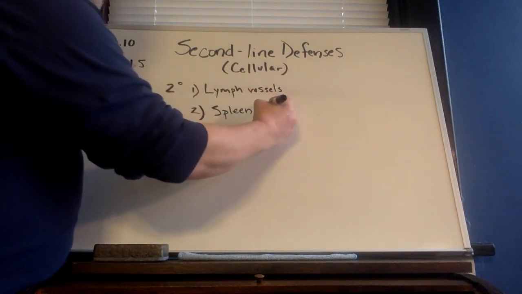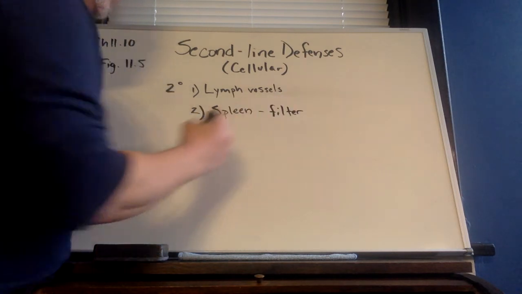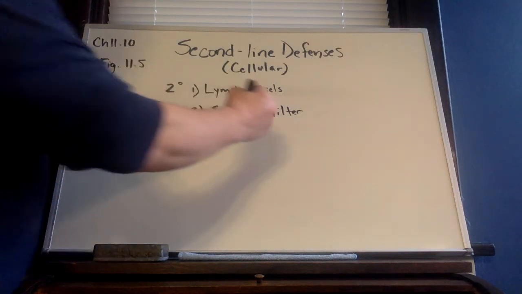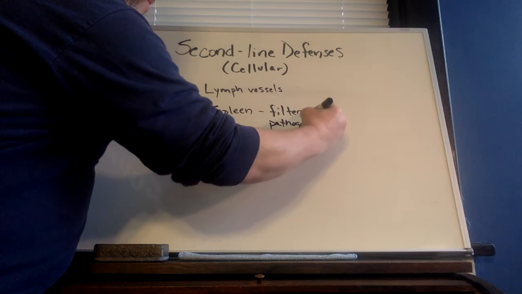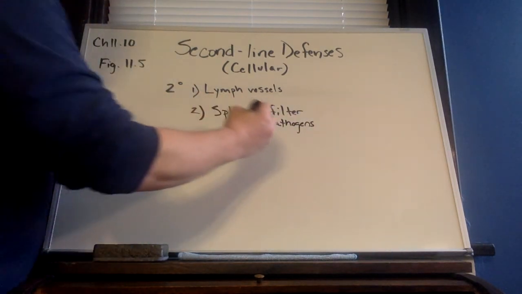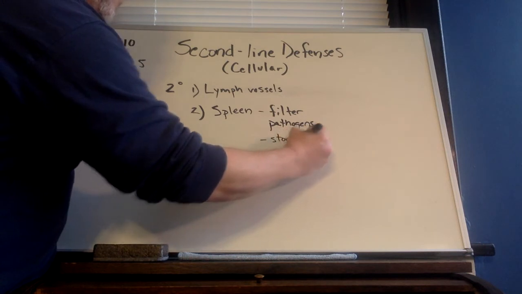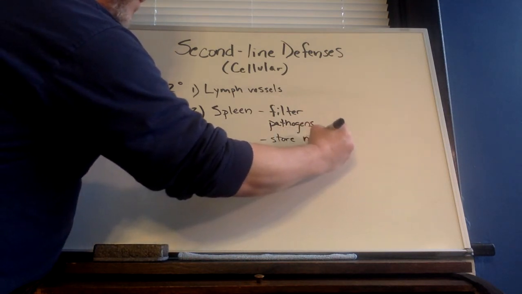But as lymph travels through this, one of the places that it will travel through is the spleen, and the spleen will serve to help us filter pathogens. Remember, this is part of your immune system. A second role of the spleen is this is where we'll often store your memory cells.